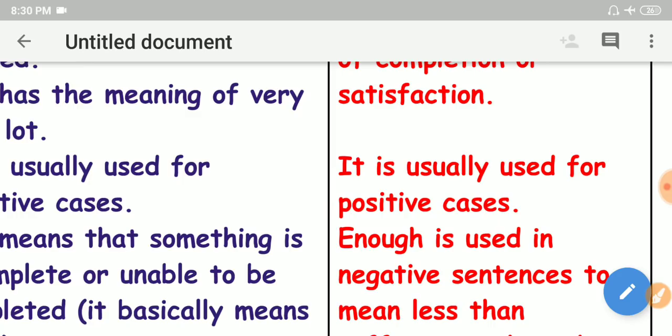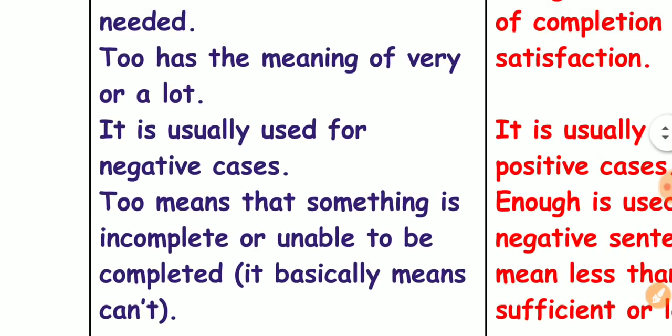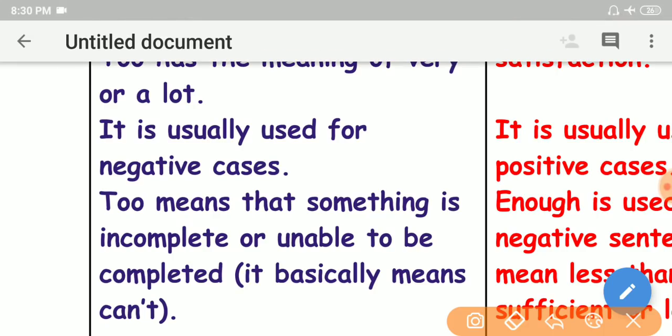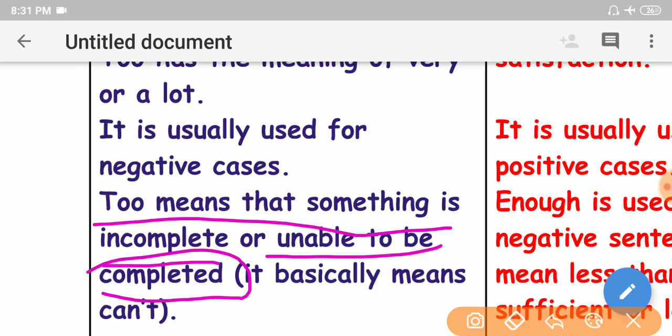So, in the meanwhile, let us learn the other meanings. Too means that something is incomplete or unable to be completed. Basically, can't. Too means cannot. I can frame a number of examples.